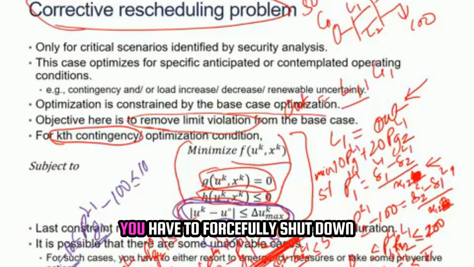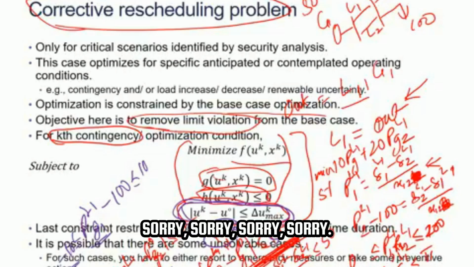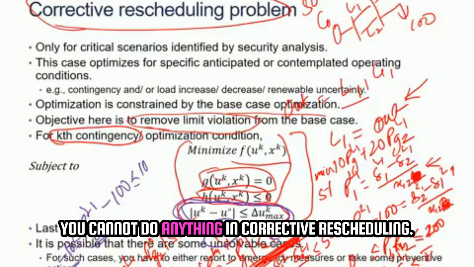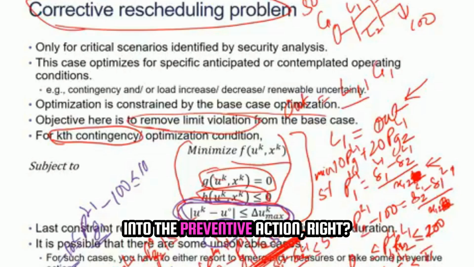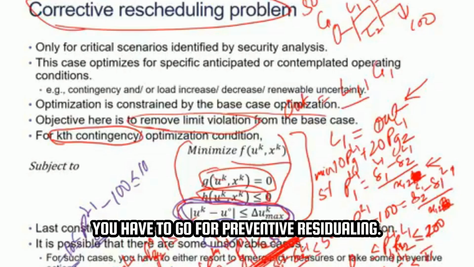There is no option. Or no, sorry, you cannot do anything in corrective rescheduling. Now you have to go into the preventive action, right? Because I am excluding the option of shutting down the generator here, you have to go for preventive rescheduling.